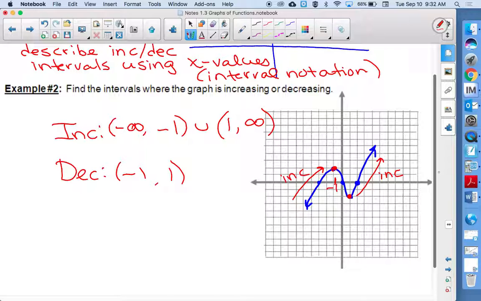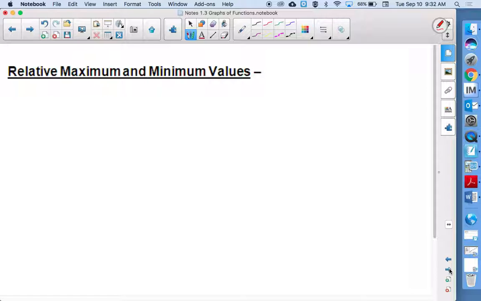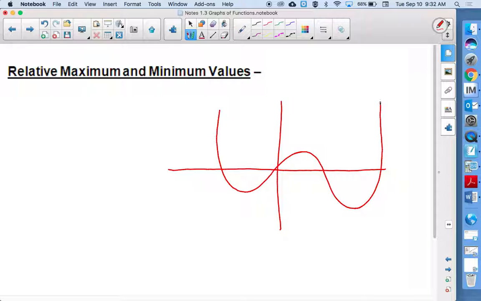So I believe that takes us into another vocab term underneath, where it says a relative max and a relative min. So again, we're going to draw a little picture. The true max or min of this graph, I have true max at infinity because that's where it goes.